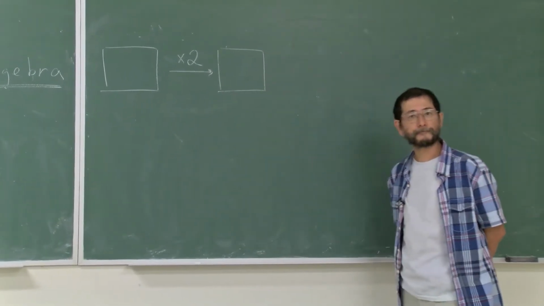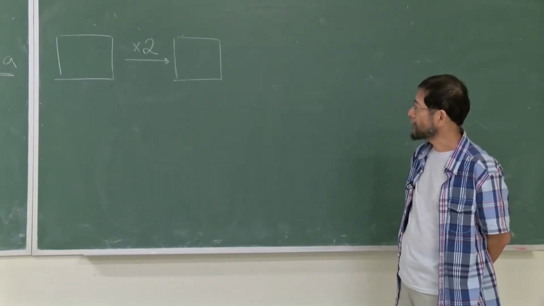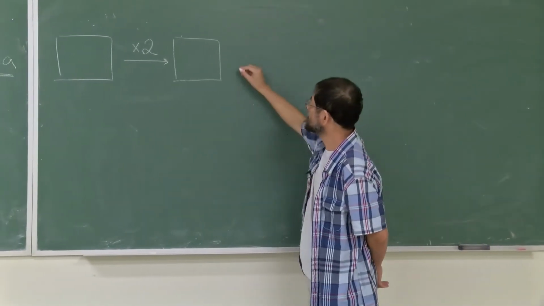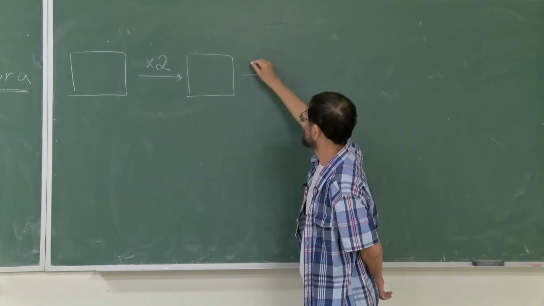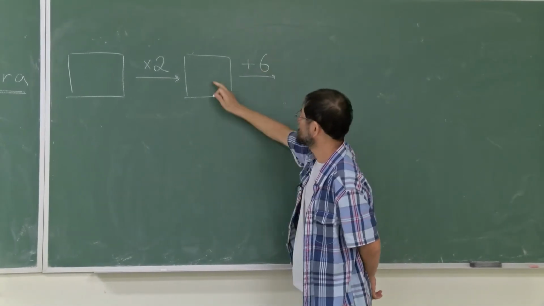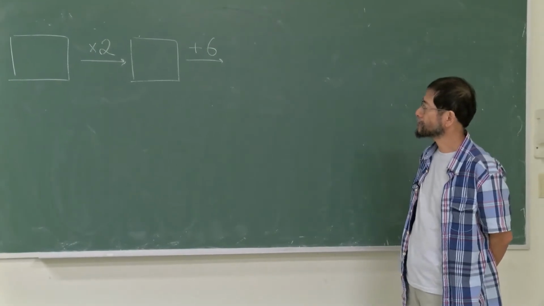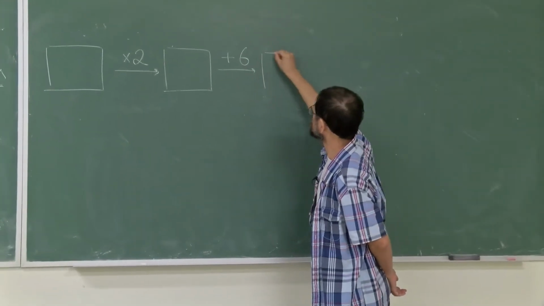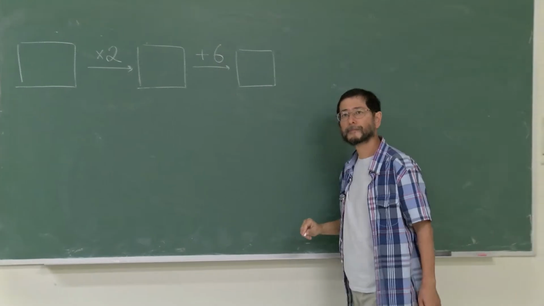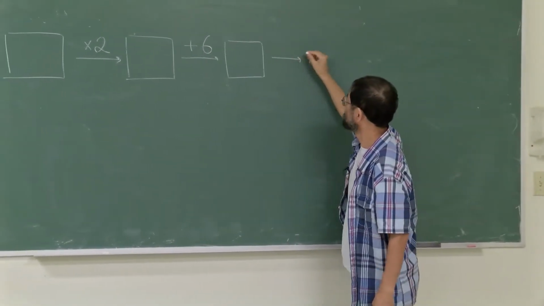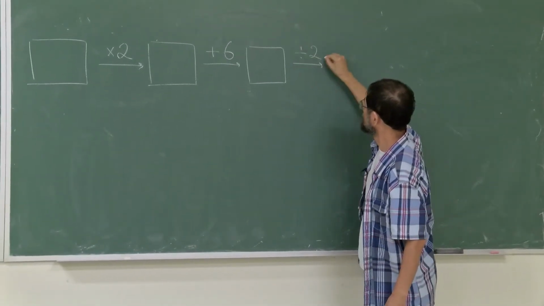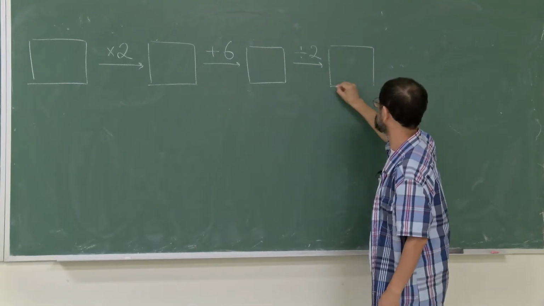Did you do that? Okay. Next, add 6 to the result. Then, divide the number by 2.